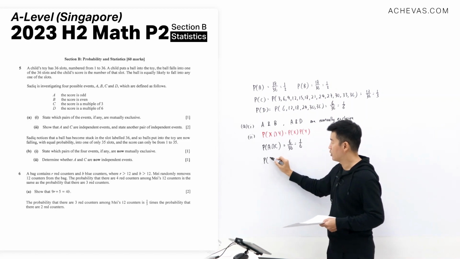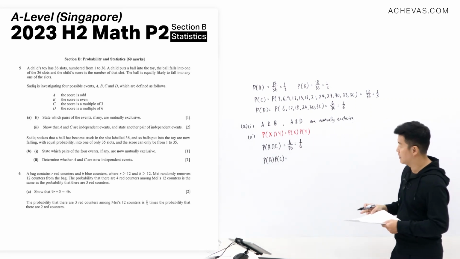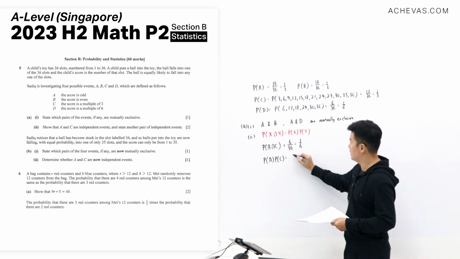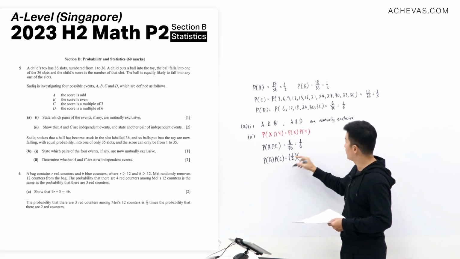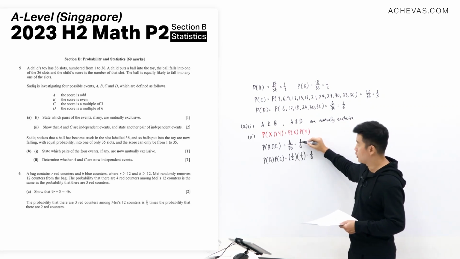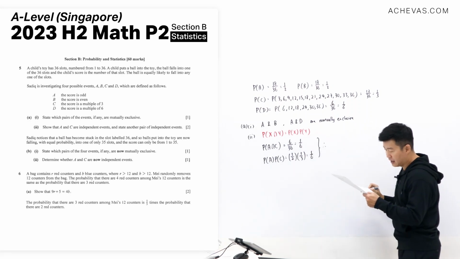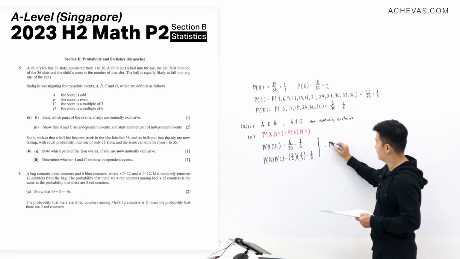And let's take the probability of A multiplied by the probability of C to check whether numerically they share the same value. So probability of A is equal to 1 over 2, probability of C is equal to 1 over 3. And this is equal to 1 over 6, which is equal to the probability of A intersect C. So I can then say that A and C are independent.